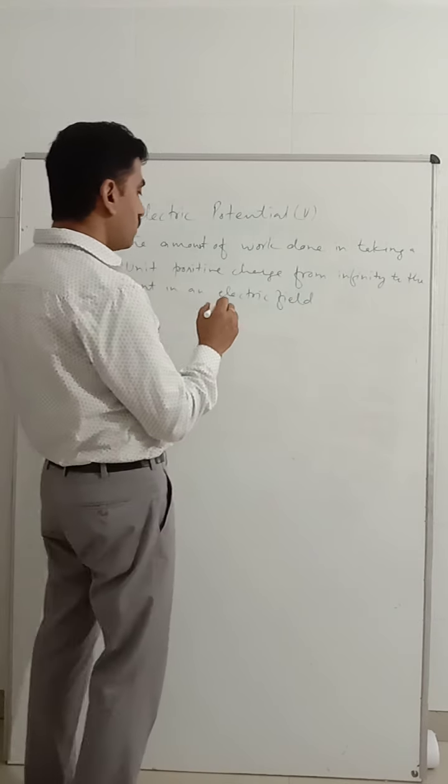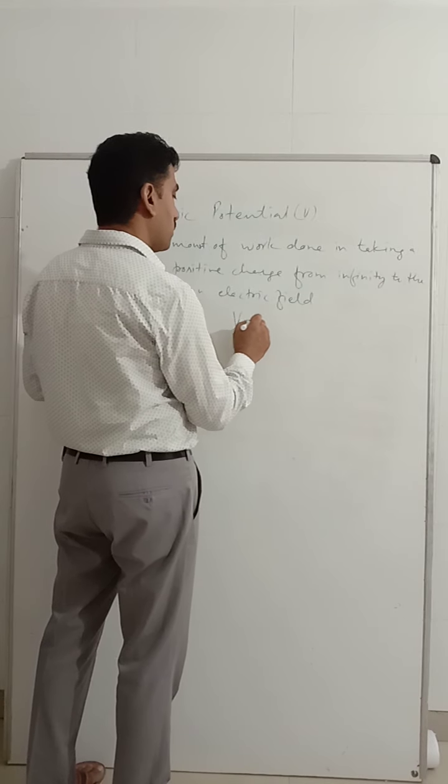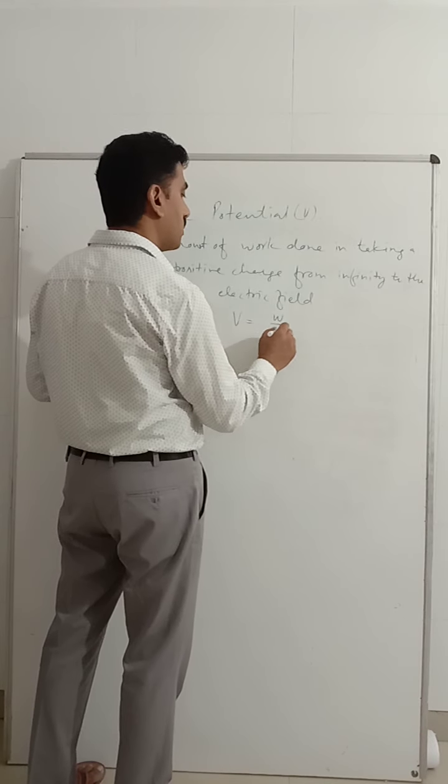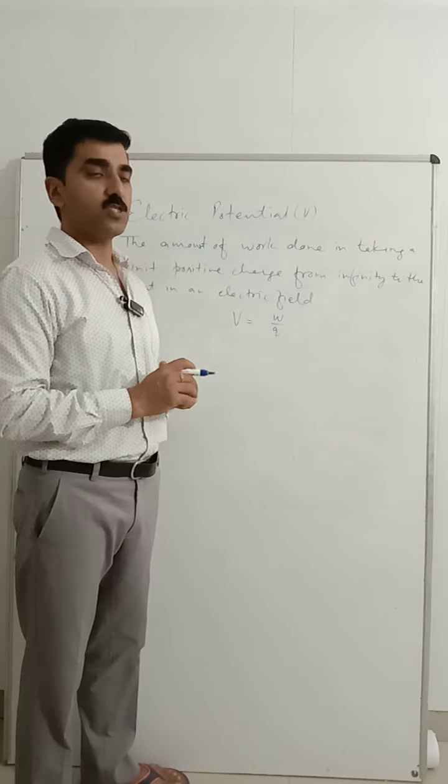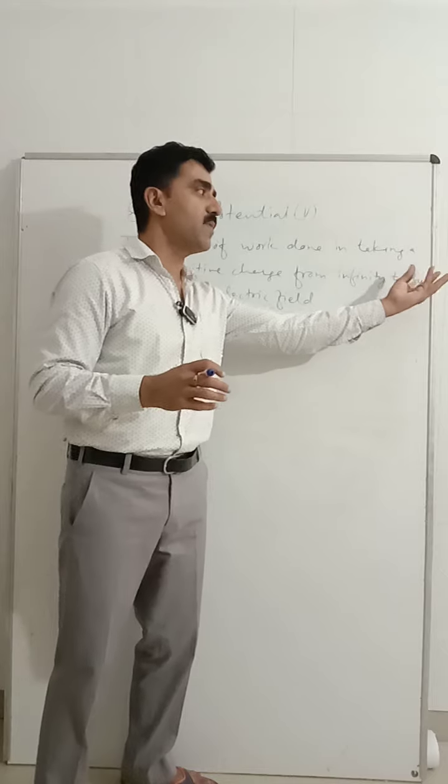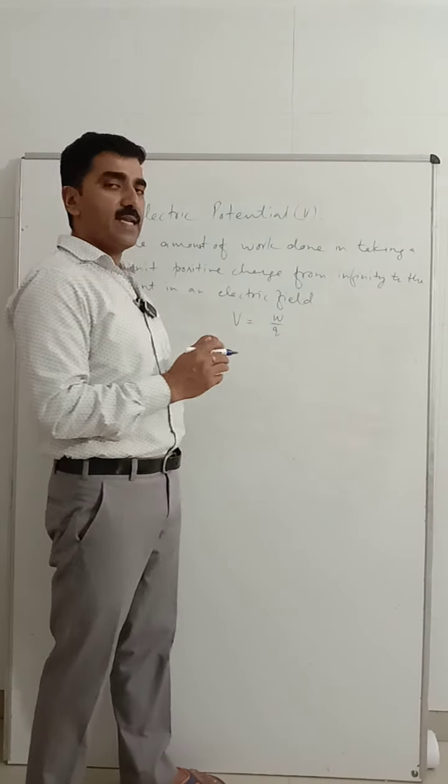It is represented by V equal to W upon Q. Work done per unit charge is called electric potential: the amount of work done in taking a charge from infinity to a point in an electric field.